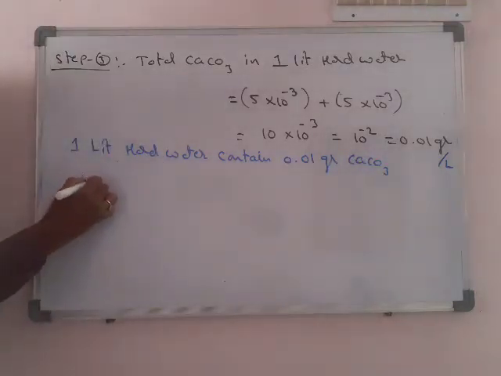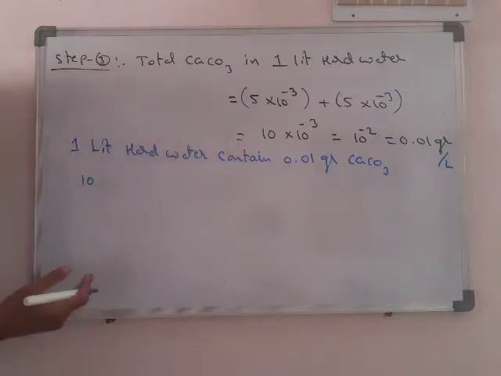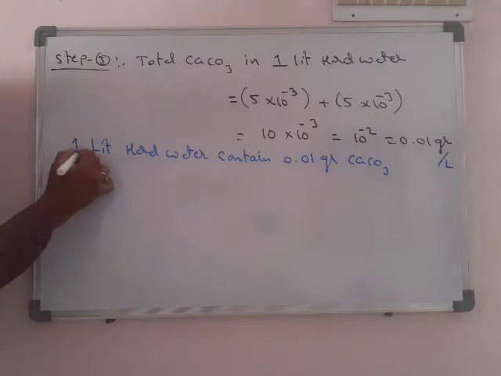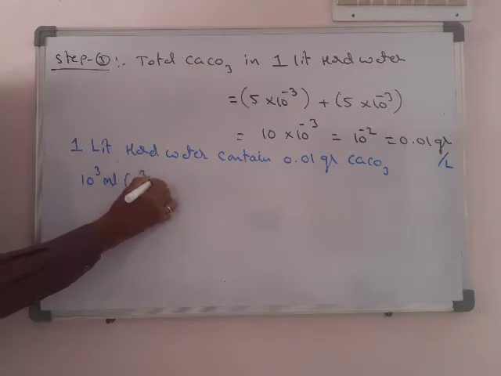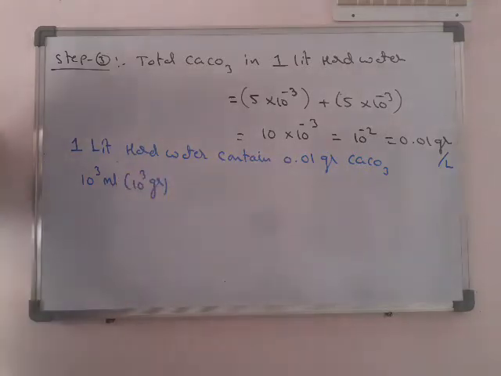So 1 liter means how many milliliters? Milliliters means 10 power 3 milliliters. Milliliters means it is nothing but equal to 10 power 3 grams of water.